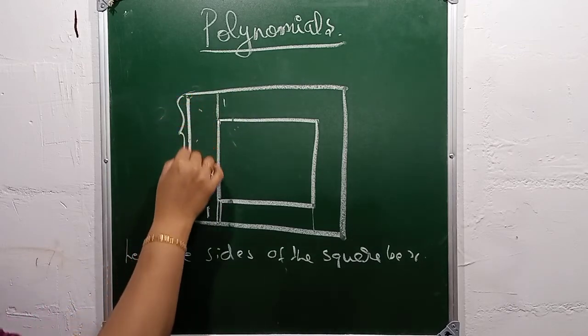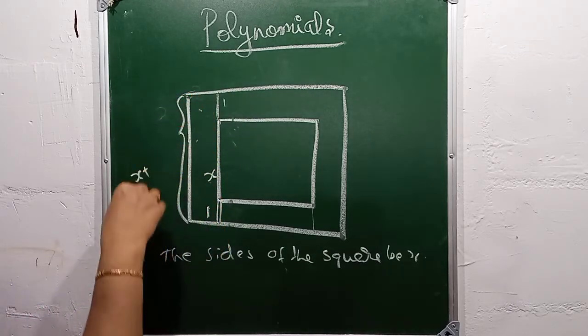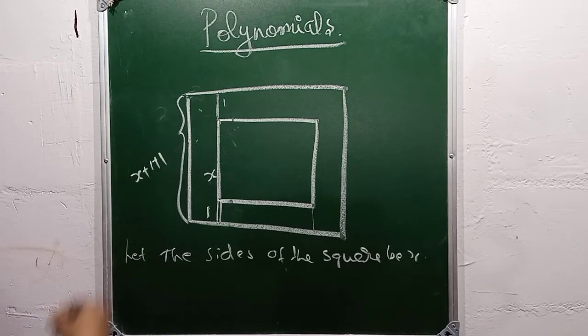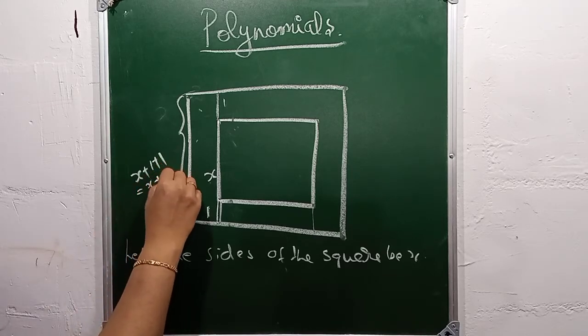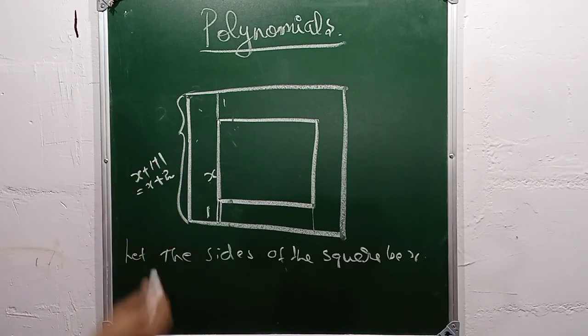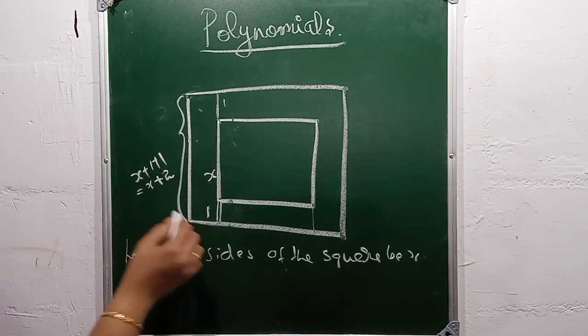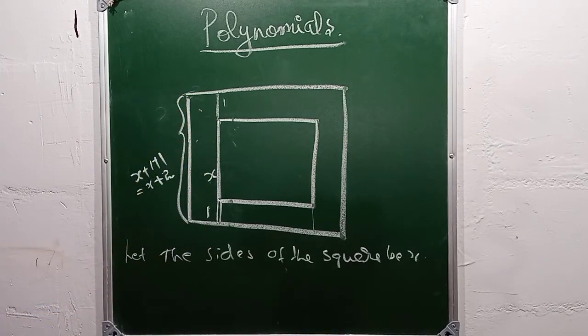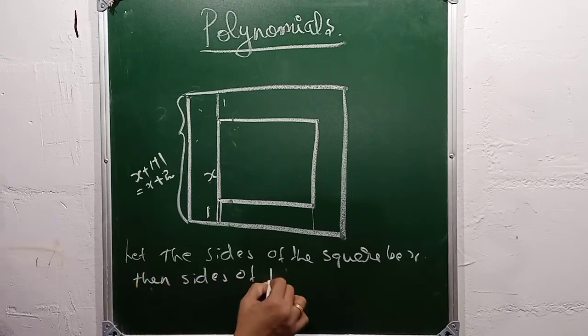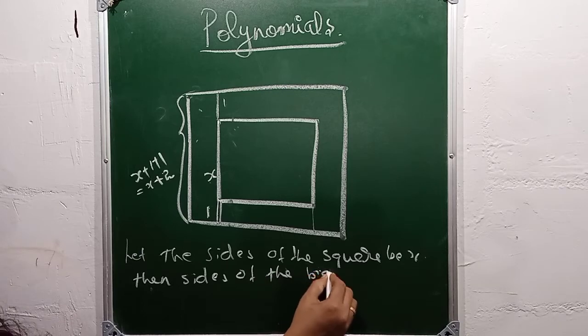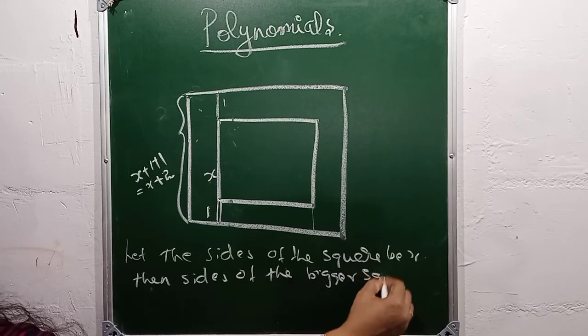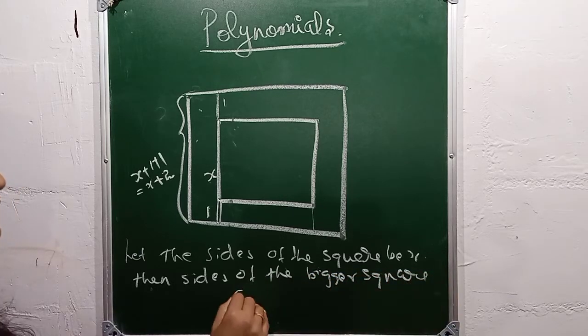So the total distance is x plus 1 plus 1, that is equal to x plus 2. So the sides of the bigger square is x plus 2.